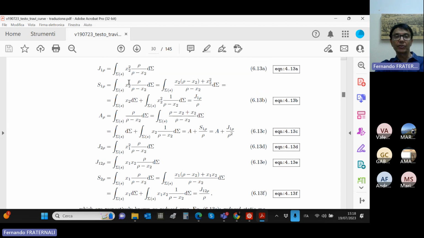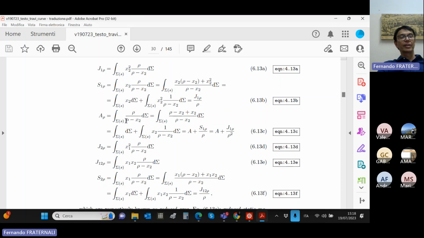They have these basically cumbersome expressions, but they are defined as the classical quantities with the addition of this factor rho over rho minus x2, which we will label J in the following, as we have already done several times.